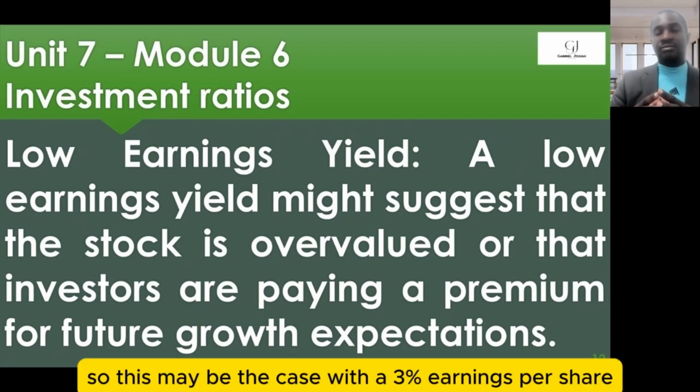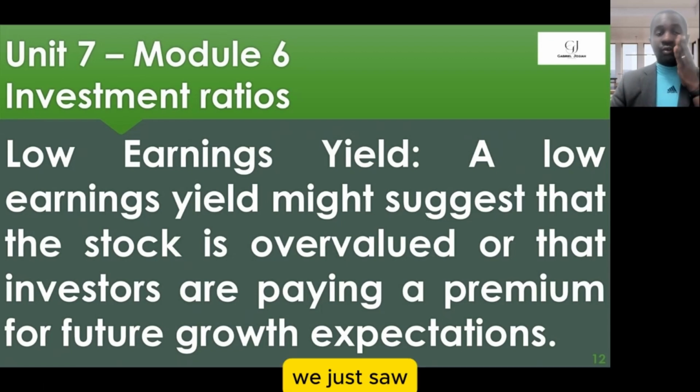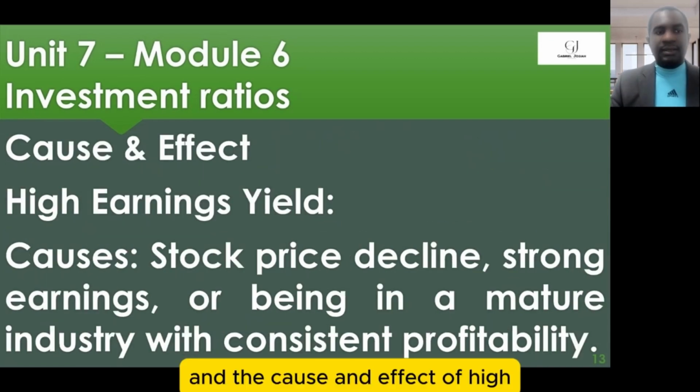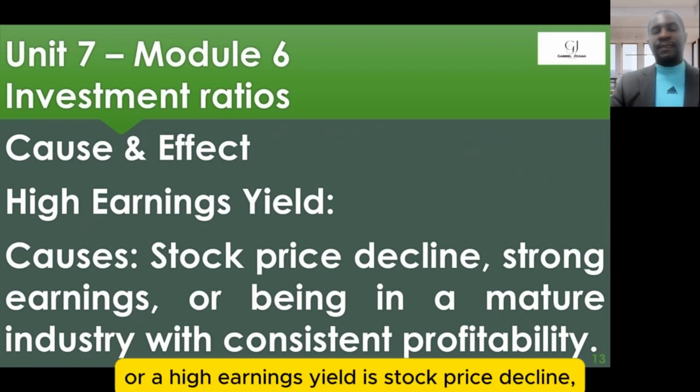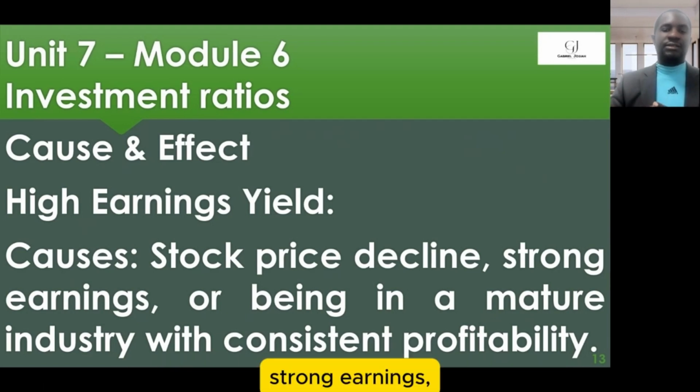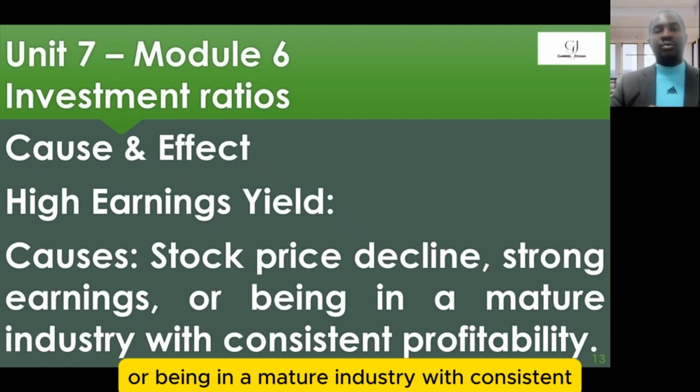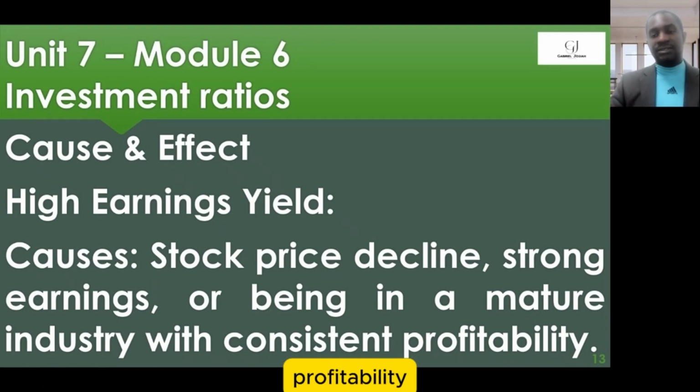So this may be the case with the 3% we just saw. Now the causes and effects of a high earnings yield. The causes are stock price decline, strong earnings, or being in a mature industry with consistent profitability.